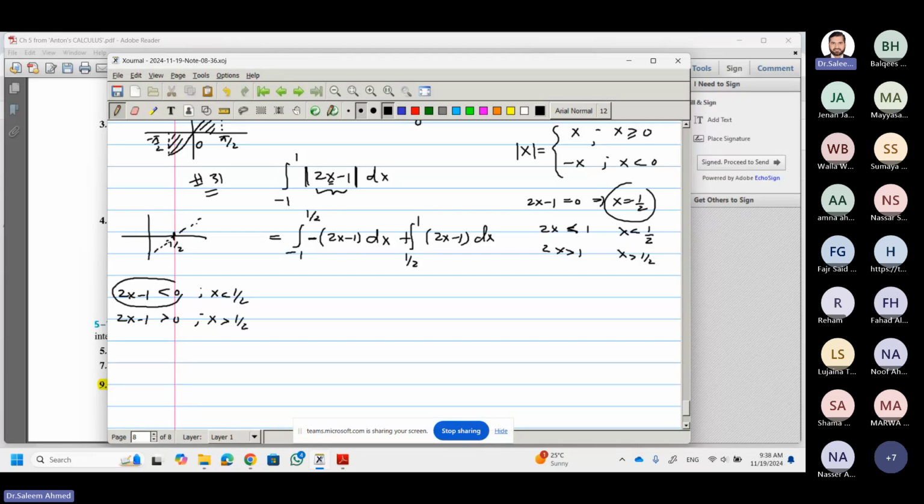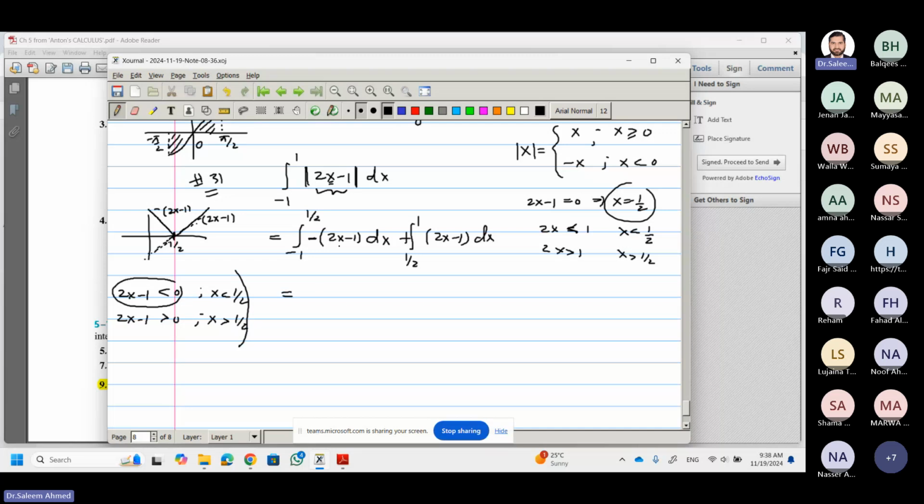Where it is negative, I put a negative sign, because mod function is always positive. So if my function is negative somewhere, I will multiply it by a minus sign to bring it up. But here, I don't need to put a minus sign. It is already positive. So now we can integrate.